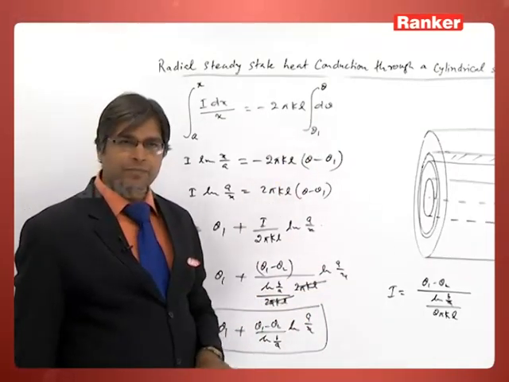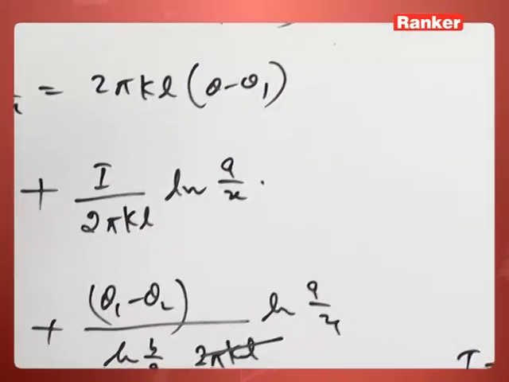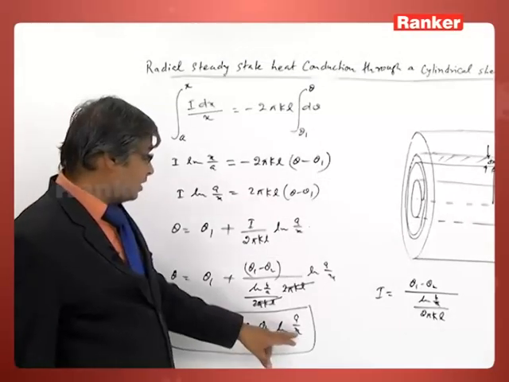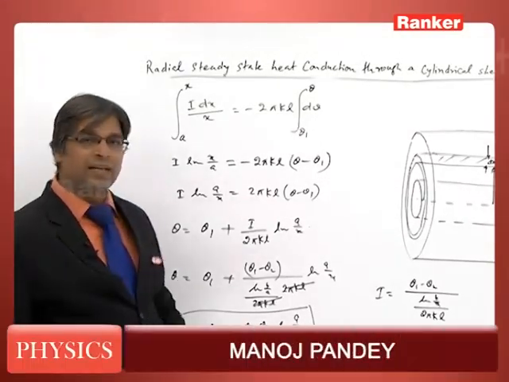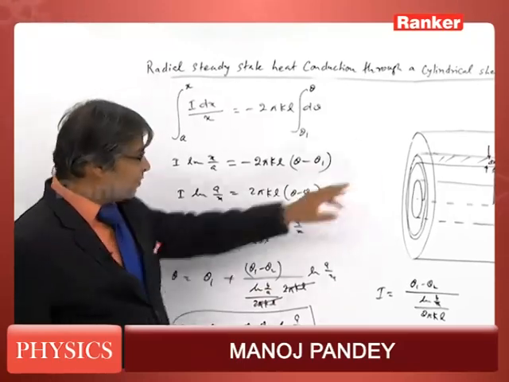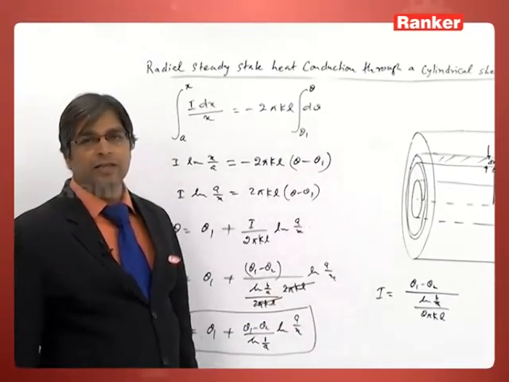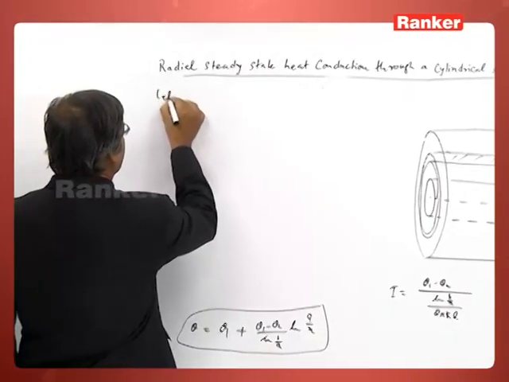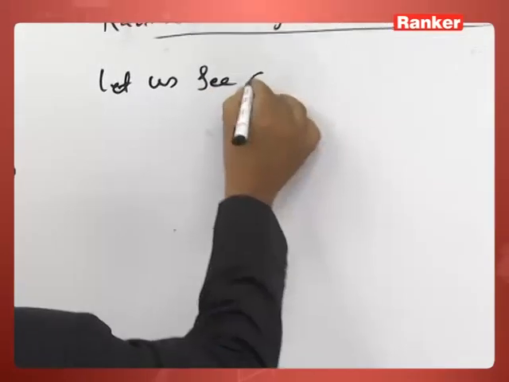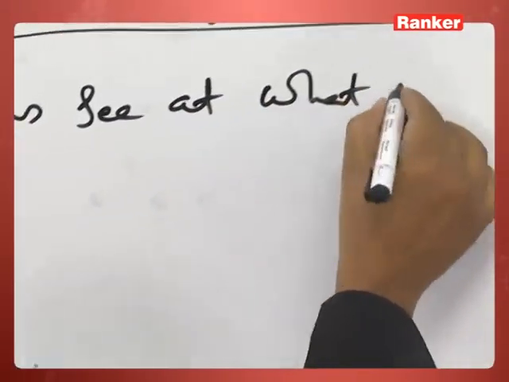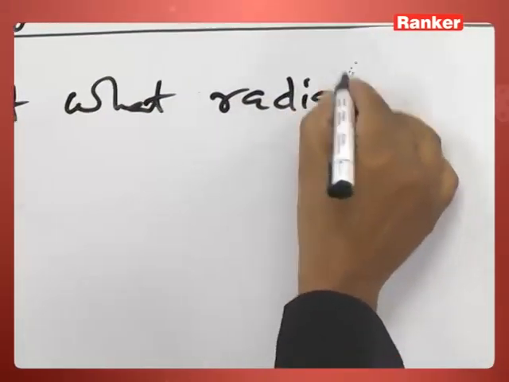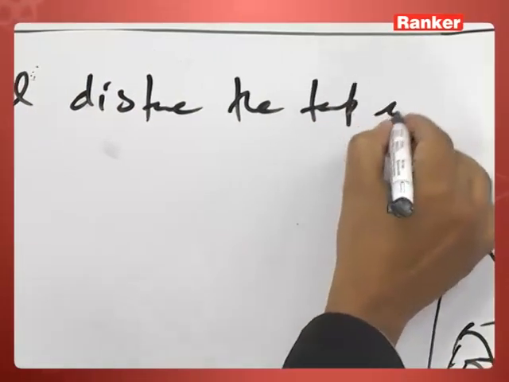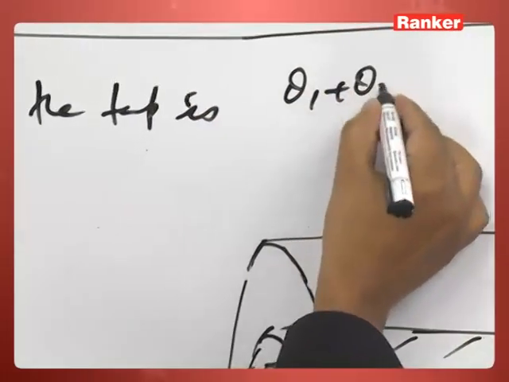Now, we will calculate at what value of x this temperature will be the average temperature of inner and outer radii. Now, let us see at what radial distance the temperature is theta 1 plus theta 2 by 2.